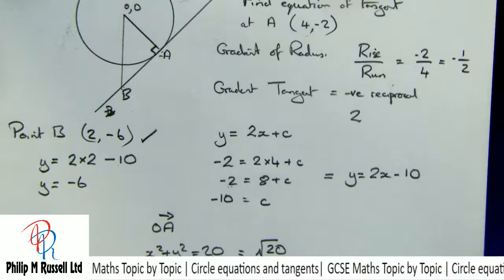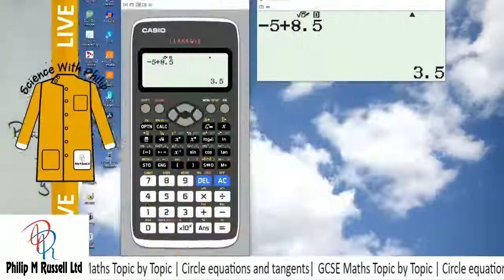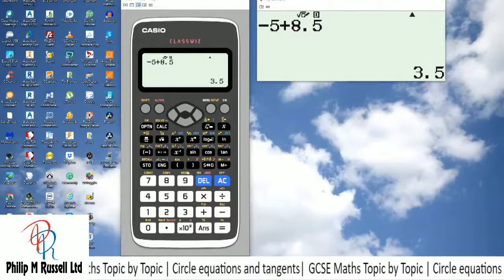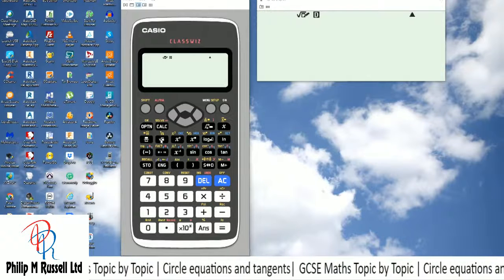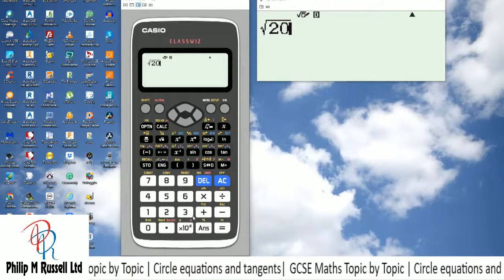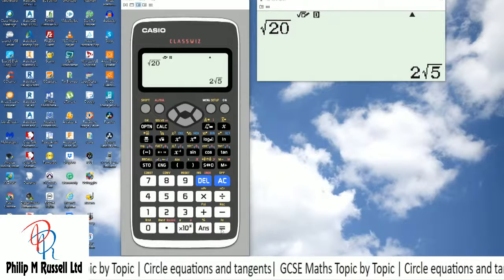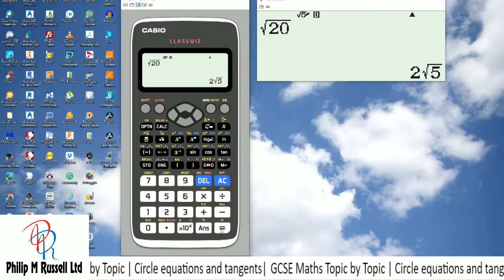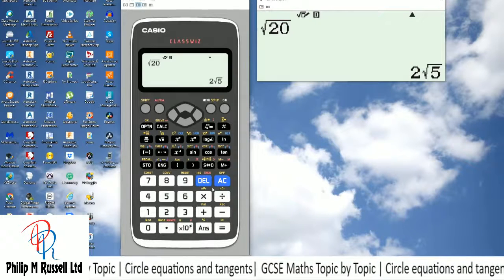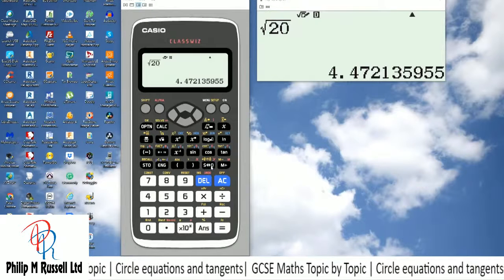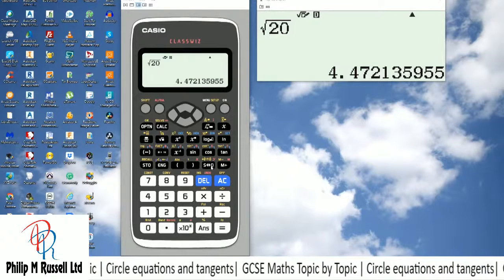And my square root of 20 is simply 2 root 5 or 4.47.